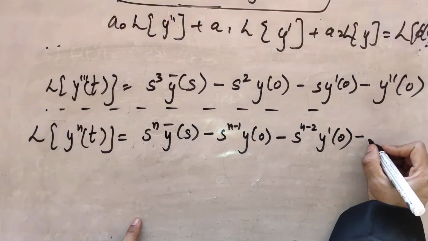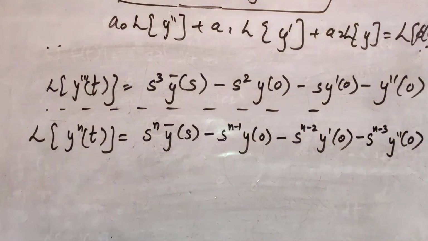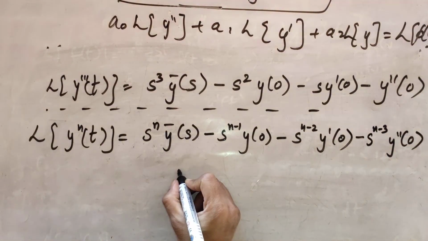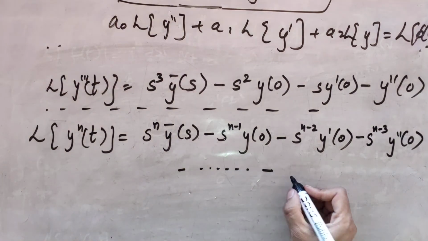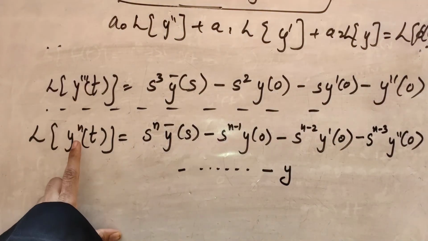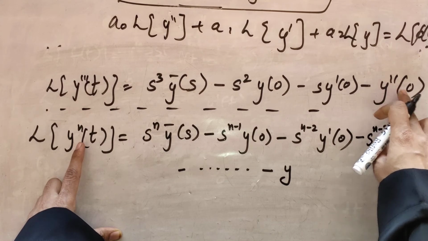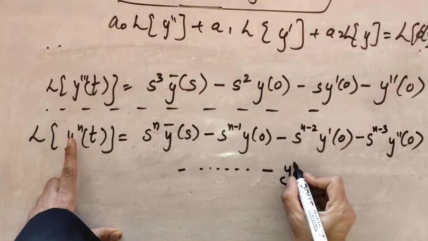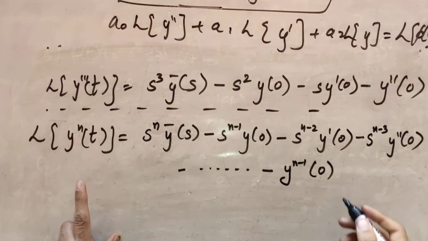Minus s to the power n minus 3 y double dash of 0, minus so on, and at the end you will have, it was the third derivative here, so you ended with the second derivative at 0. So if it is nth here, it will be the n minus 1th derivative at 0. It will be like this.